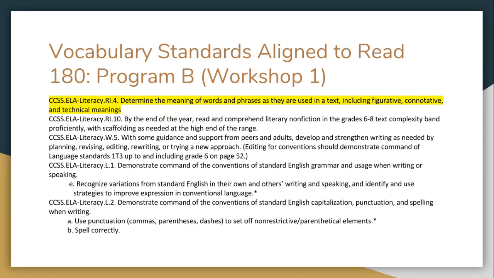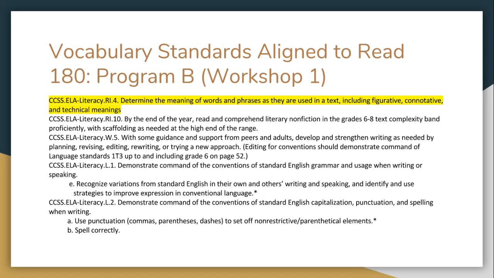There's developing, strengthening writing, and revising, which I include because Read 180 has a very specific revision process that includes higher academic vocabulary, which they call precise vocabulary. So there's an active step in which students incorporate higher academic register vocabulary through the revision process.